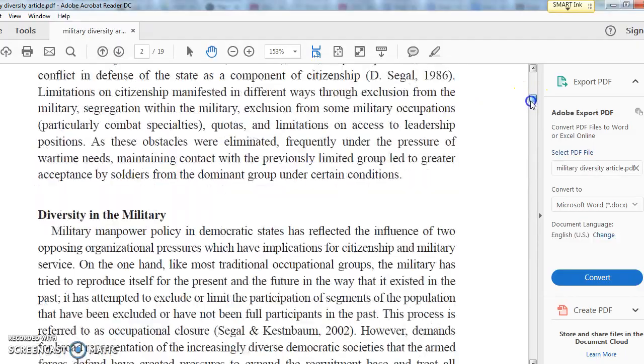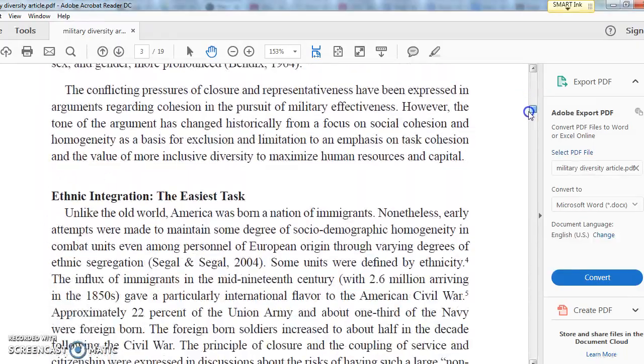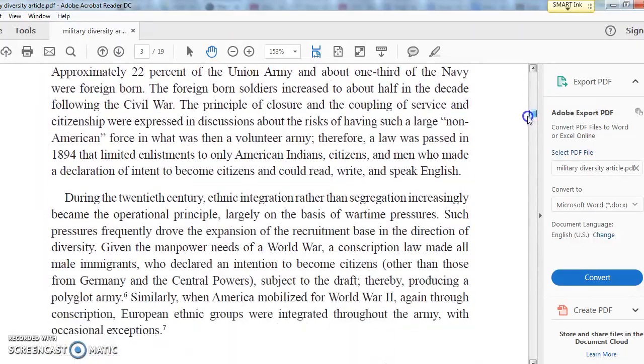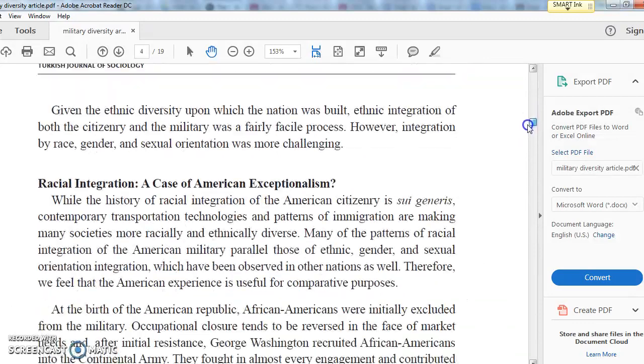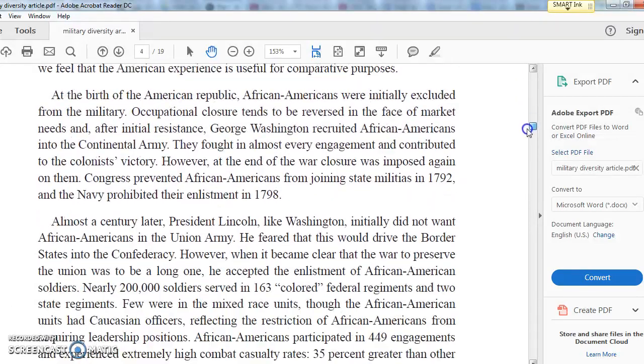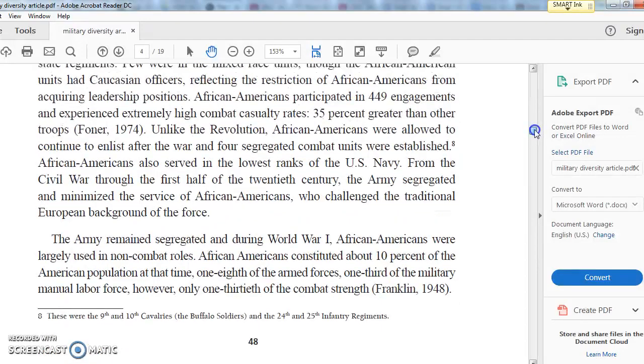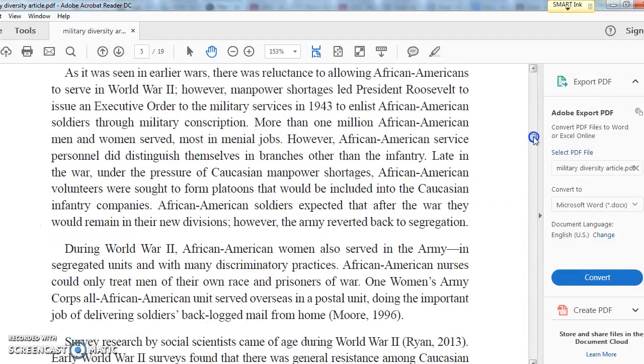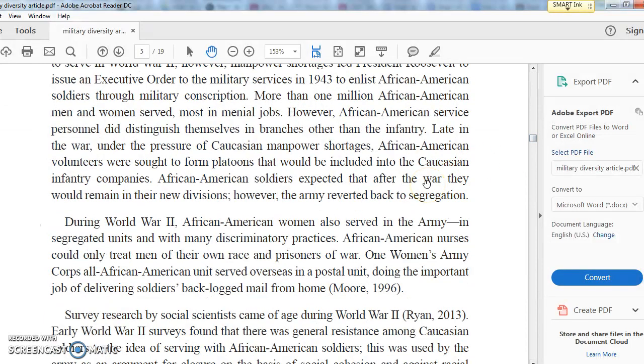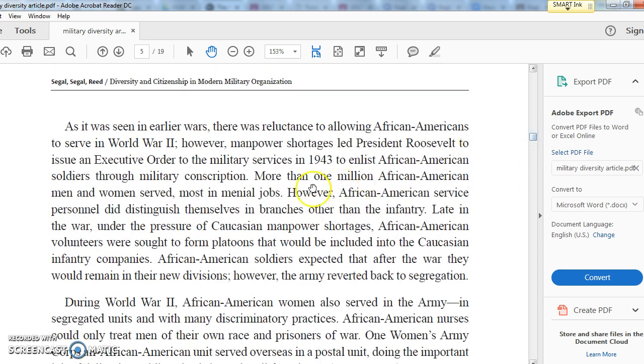Now, I also want you to notice that sometimes students wrongly think that to find a quote, it has to have quotation marks around it. That is not true. That is just a misunderstanding. Remember, anything can be quoted. You are quoting the author. You're not looking for quotes within the text. You yourself are quoting the author.